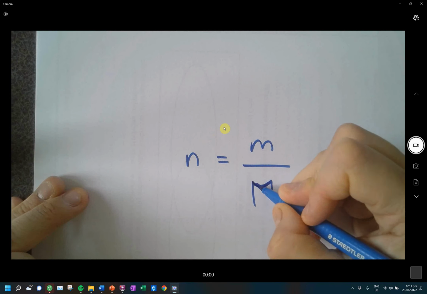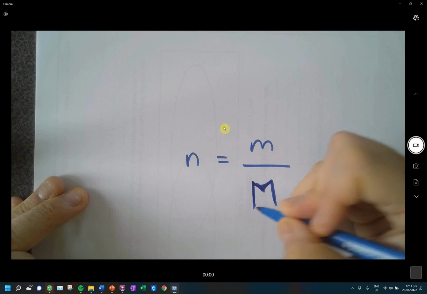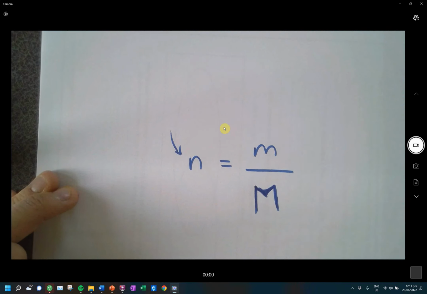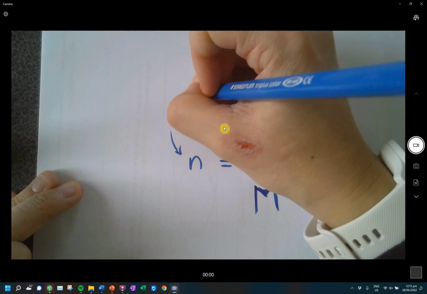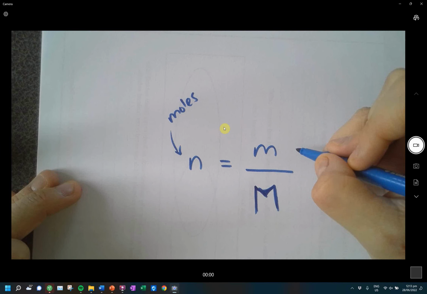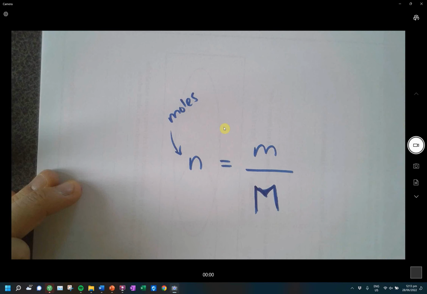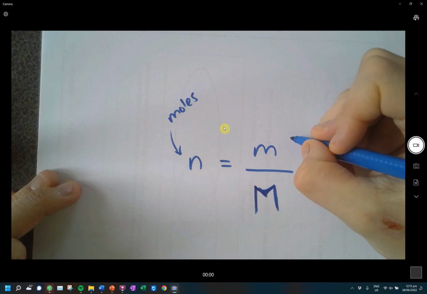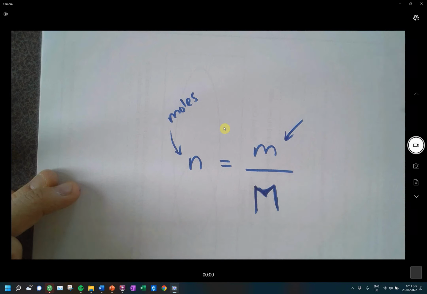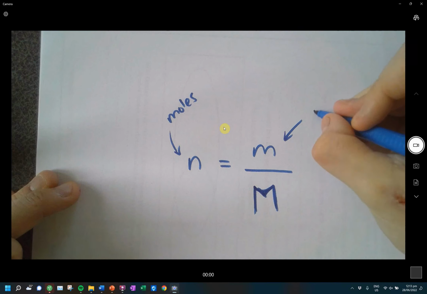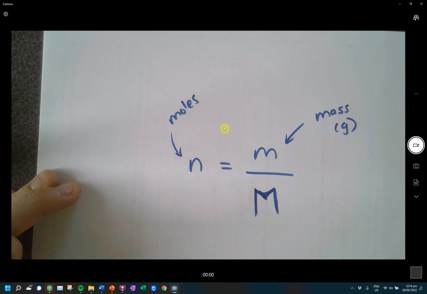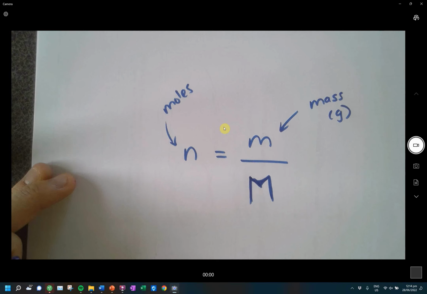All right. I'll write it down. Sorry, that's a big M. All right. Little n is the moles. What is the big M? I'm giving you the formula first and then I'll do the calculations. I know it's a terrible equation because it's M's and N's. All right, the little m is mass, and the unit for that is grams.